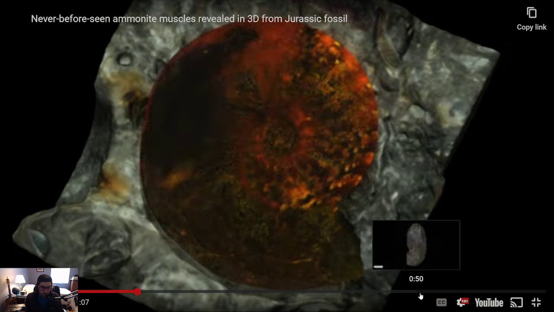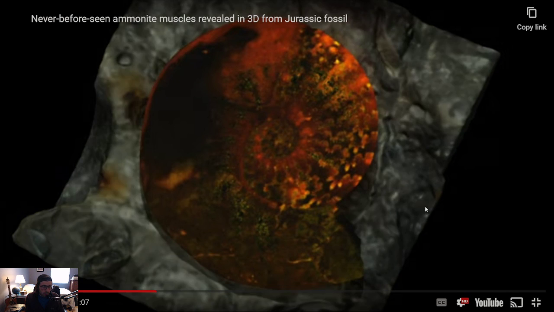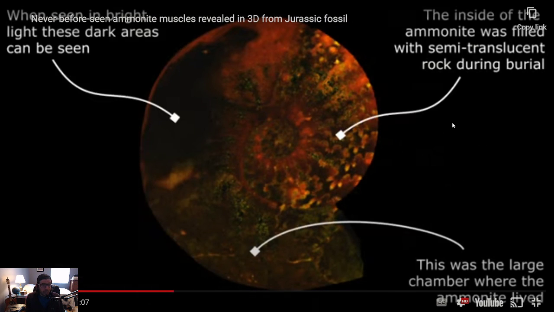This is what I want to see right here. When seen in bright light, these dark areas can be seen. Semi-translucent rock during burial. This is like the chaotic region where the currents flow, so it's still got energy in it. It's stored energy.